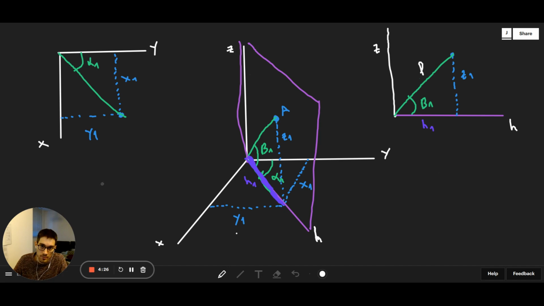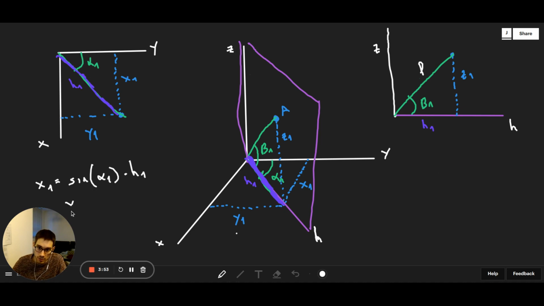So if we want to express, for example, x as a function of alpha, then that will be this distance, and this is the hypotenuse, which is also h1. This will be from the top h1. So x1 is equal to the sine of alpha 1 times h1, so sine of this angle, opposite over hypotenuse.